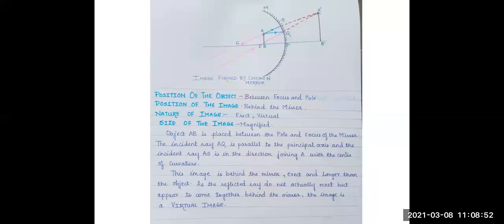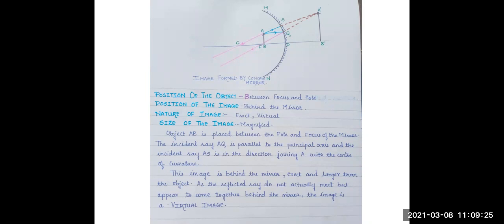If you extend these two lines, they will never meet on the side of the object. But we have drawn dotted lines extended behind the mirror, and there you get an intersection point of these two reflected rays, and we get our image formation behind the mirror.